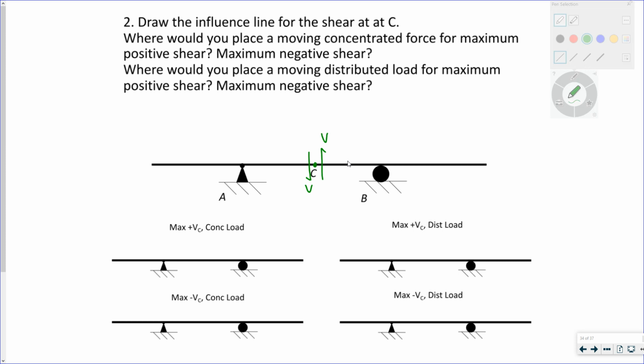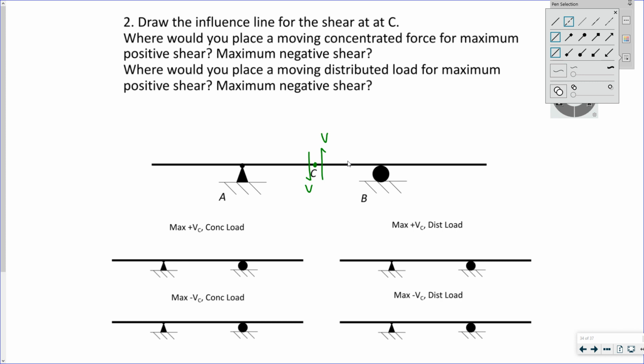So if I do that, I'm going to end up with a displaced shape that looks like that. And on the other side, a displaced shape that does not look like that. That looks like that, basically.